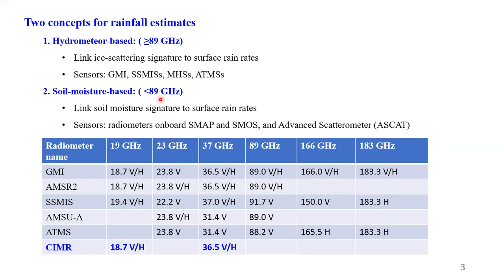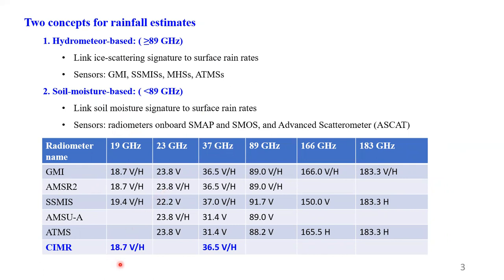So frequencies less than 89 gigahertz are suitable for this kind of application. For this project, we primarily use channels from these sensors from 19 to 37 gigahertz, which are commonly available in the GPM constellation radiometers.